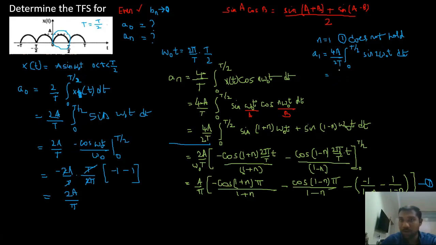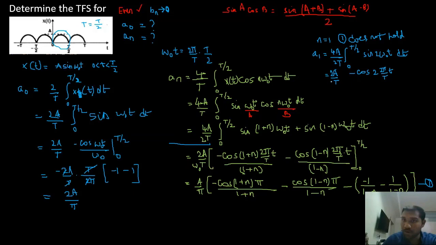So 2A by T. When I integrate sine, I'll get minus cos 2 omega naught t, where 2 omega naught is nothing but 2 pi by T into T, divided by 2 omega naught.